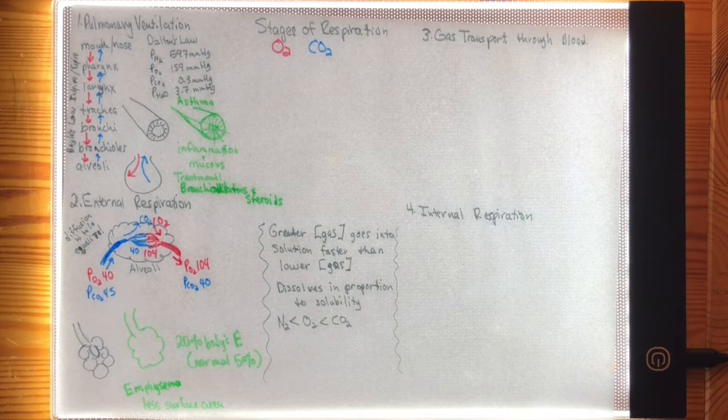Oxygen is only slightly more soluble than nitrogen, and so oxygen doesn't tend to dissolve easily in the blood either. But carbon dioxide is actually our most soluble gas as far as the ones we're dealing with today. So carbon dioxide dissolves easily into the blood, and therefore its solubility is the highest, and it is transported to a certain extent simply by dissolving in the blood.